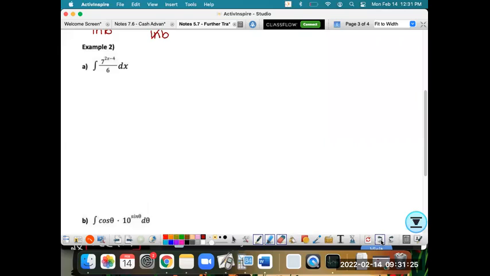So in part A of example 2, we are given a general exponential that's getting divided by 6. The division by 6 is literally just a coefficient, so that's fine. In order to integrate this, I'm going to have to do a u sub, so I only have a plain variable in the exponent. We'll let u equal 2x minus 4.